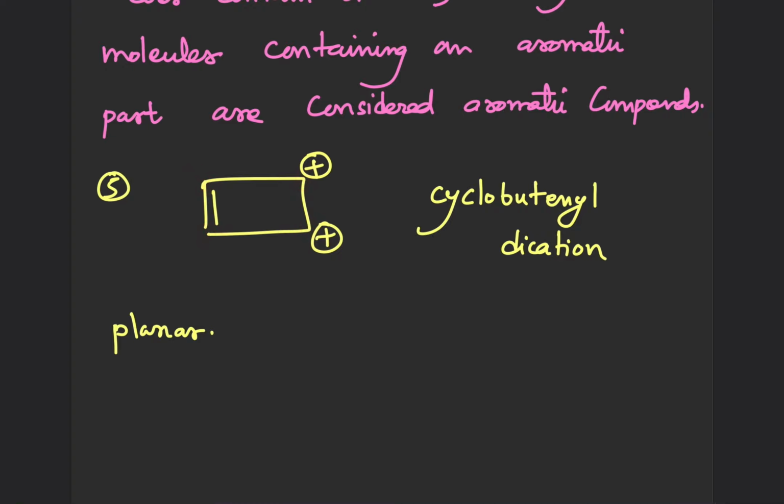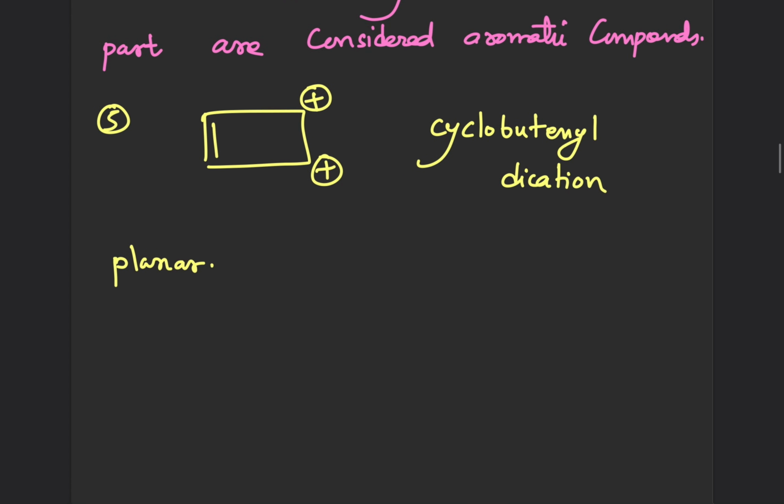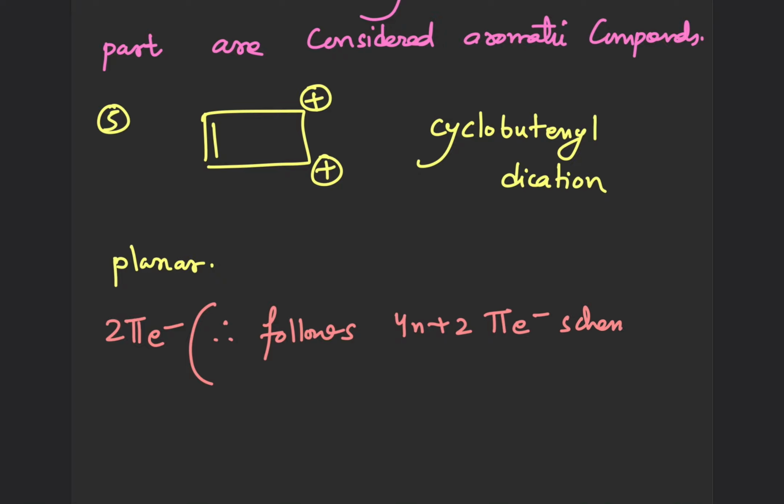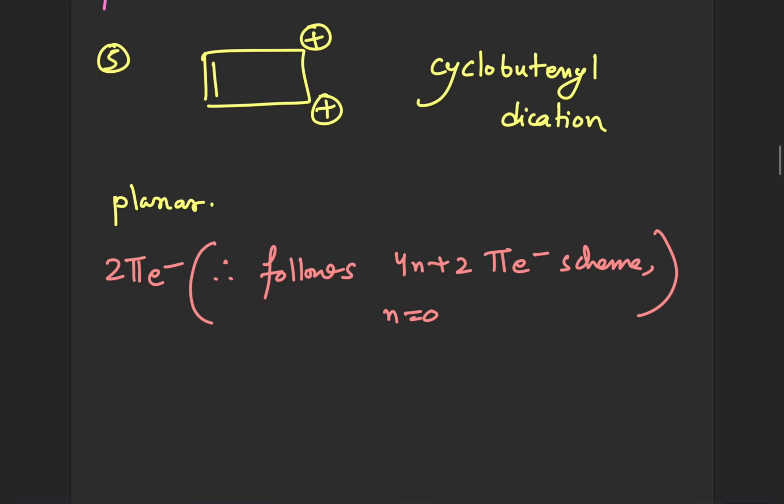And we know that both kinds of carbon are sp2 hybridized, and sp2 hybridized will have planar geometry. Second, they have 2 pi electrons. So it follows the 4n plus 2 pi electron scheme, in which this time n will be equal to 0, right? And these pi electrons are spread over the entire ring.